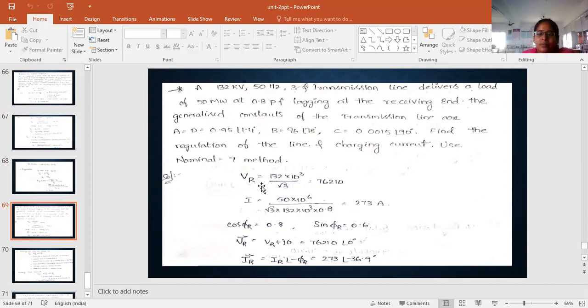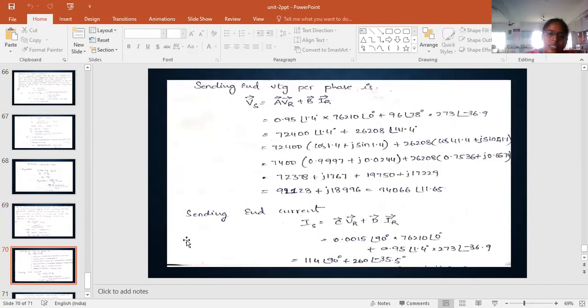Here VR is given. By using VR and PR we can calculate the I value, and for the sending end voltage and sending end current we use these formulas: Vs equal to A into VR plus B into IR. Here we can convert polar to rectangle, rectangle to polar, no problem at all. Any method we can do it. So finally we can get that value as 94,066, and the same process for the sending end current, Is equal to C into VR plus D into IR.